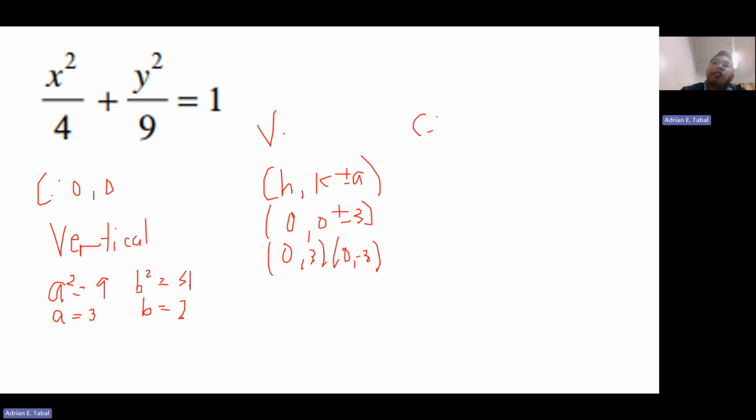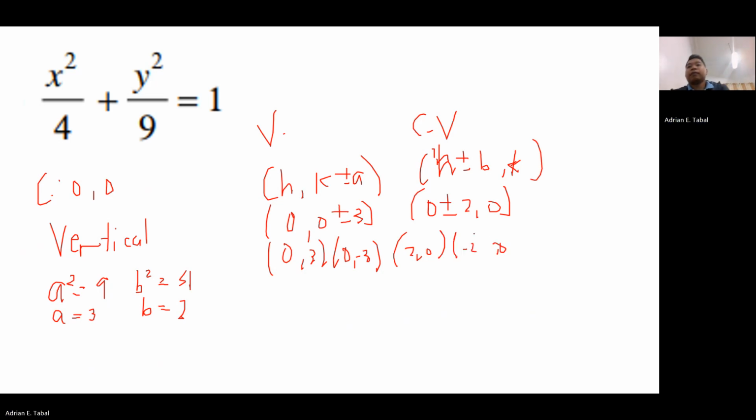The co-vertices, we have h plus minus b. This is your minor axis. Then we have 0 plus minus b, b is 2, then 0. So that's 2, 0, and negative 2, 0.